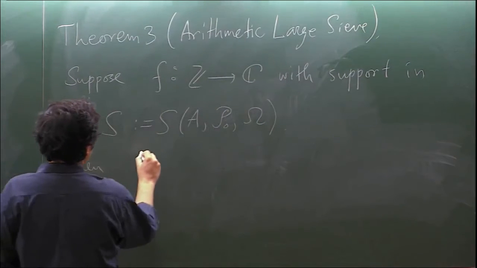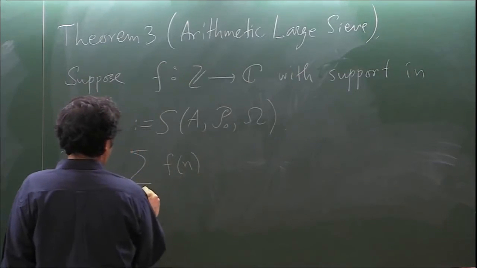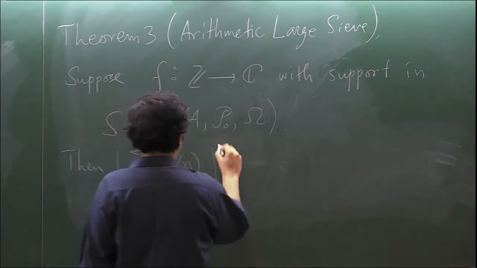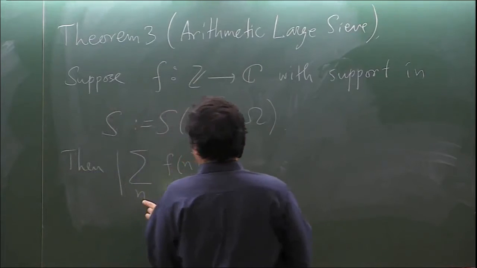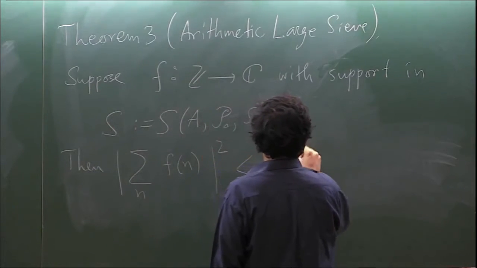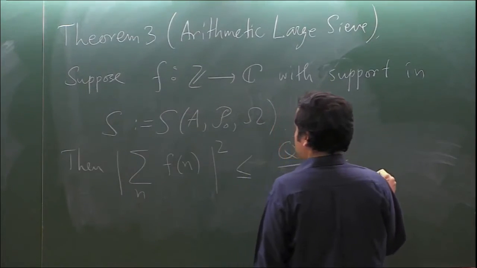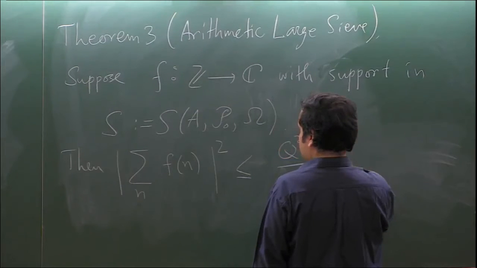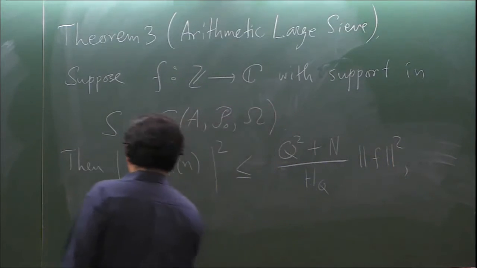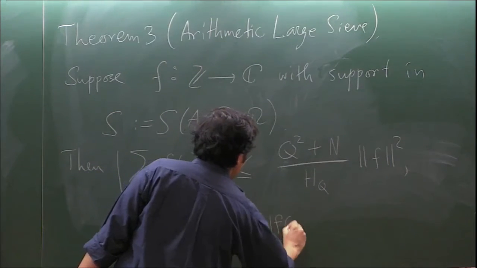Then the sum of f(n) is only supported in S, so it's a sum over integers in S that is bounded by Q squared plus N upon HQ times the norm of f squared, where norm f squared is, as usual, the sum of f(n) squared.